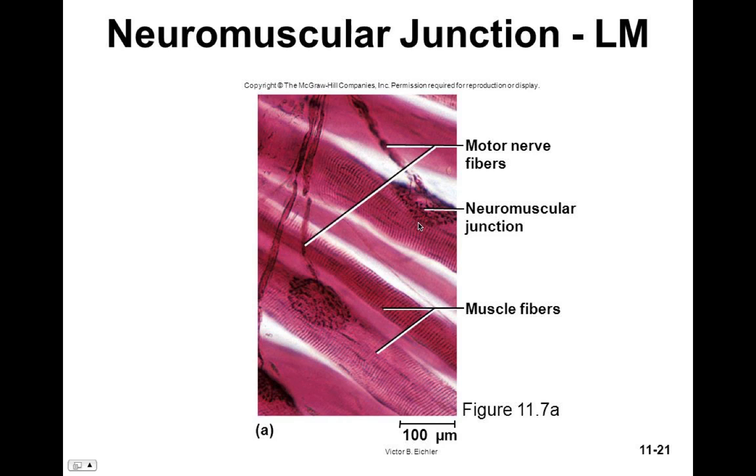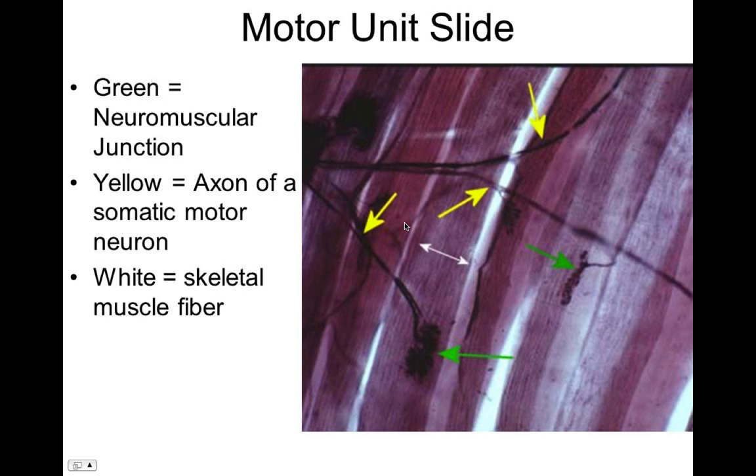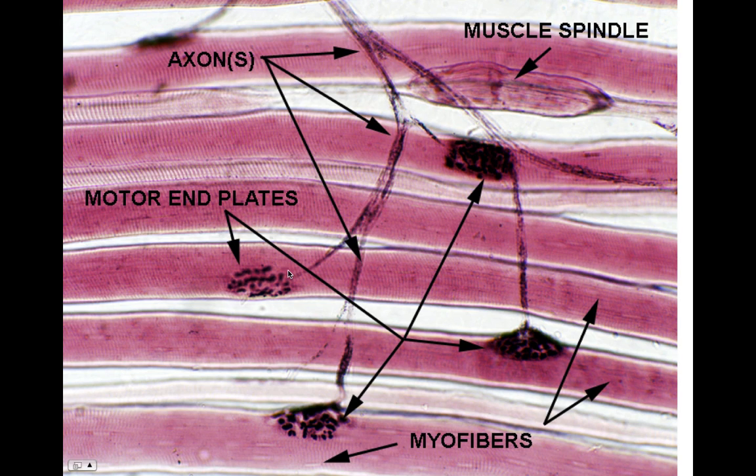No, it's in there because we know the motor end plate is the part on the muscle fiber. But then you come to this slide, and it says the motor end plate. Is this wrong? Well, no, we know the motor end plate is somewhere in there. If you want to call it that, that's fine with me. But you'll always be safe calling it the neuromuscular junction.